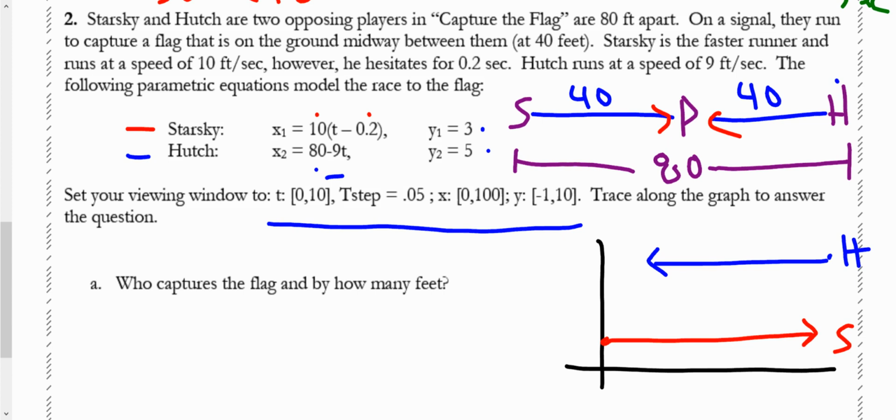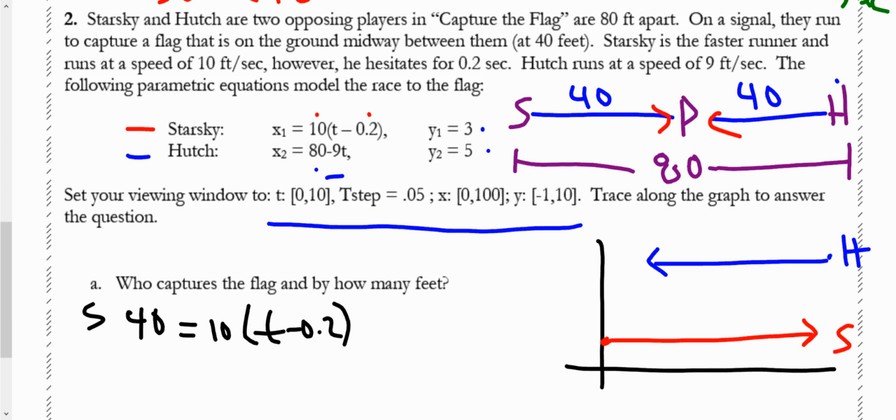Okay, so what we want to figure out is who can make it that 40 feet first. So let's just do a little bit of algebraic work here so you can kind of see what's going on. So I'm going to have 40 equal to 10 times t minus 0.2. And again, this is for Starsky. And I'm going to solve that for t.